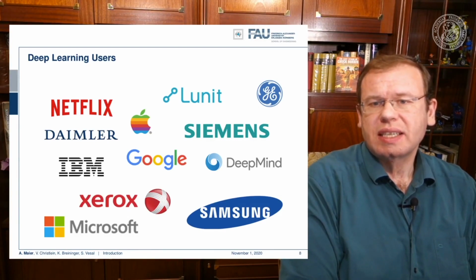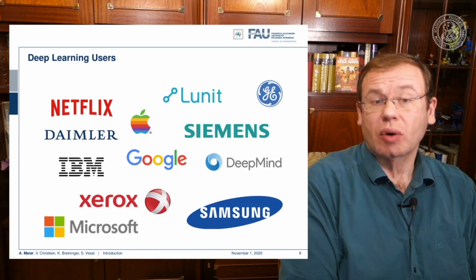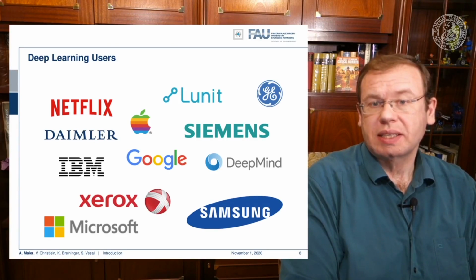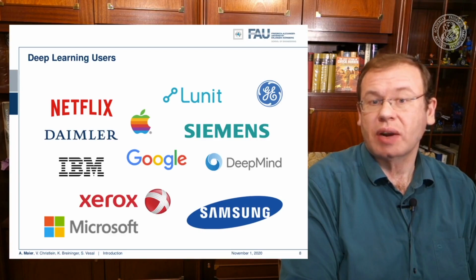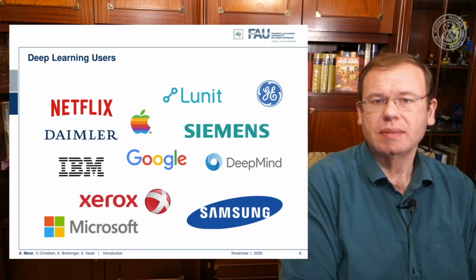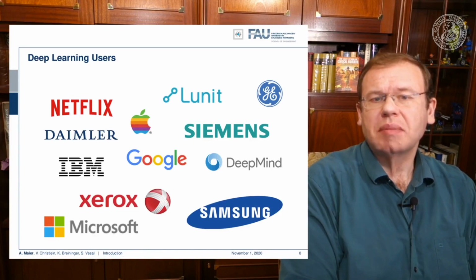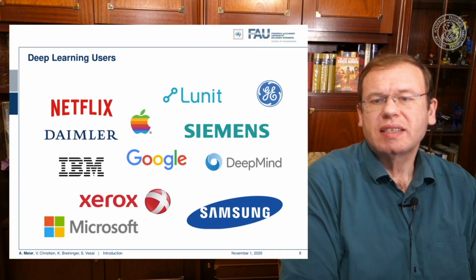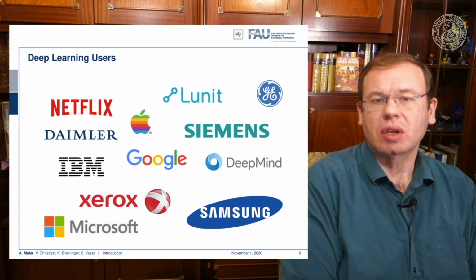And you can see that healthcare is going in there as well. Siemens and GE are also very interested in this technology, but also car manufacturers such as Daimler and many other car makers are going there because of this huge trend towards autonomous driving.